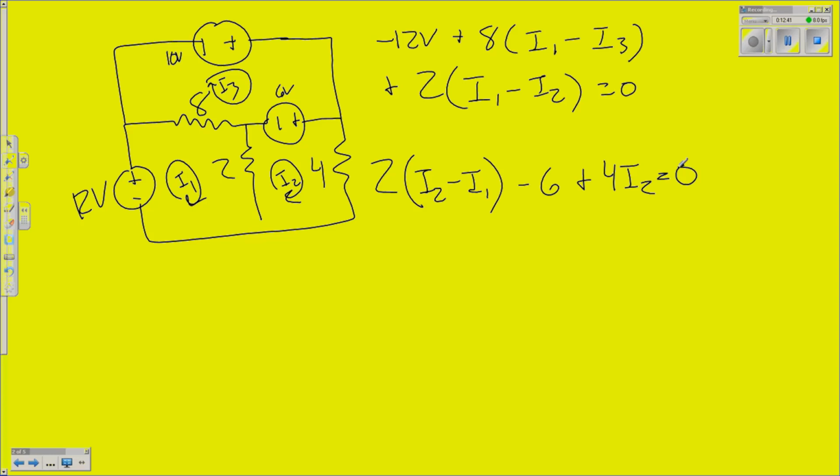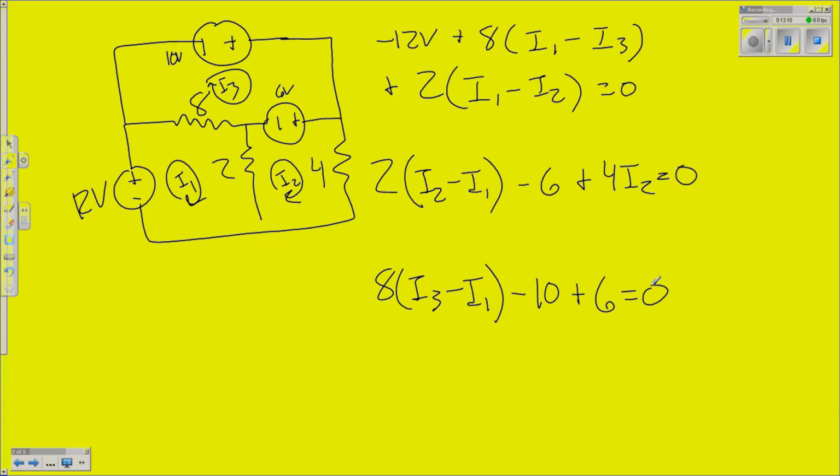And similarly, for mesh current 3, we'll start at the 8 again. So we go 8 times I3 minus I1, up to that 10 volt source, which again, we just have to subtract since we're coming through the negative terminal. Plus, well, we come through the positive terminal at 6 volts this time, so plus 6. And that equals 0.